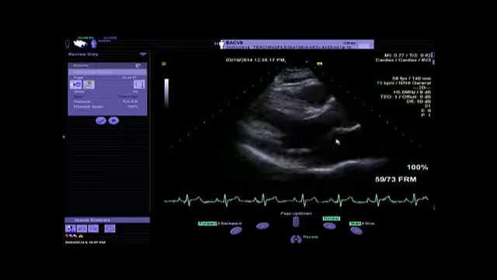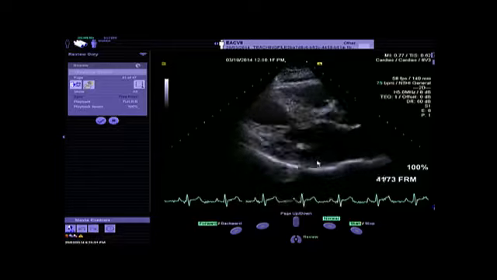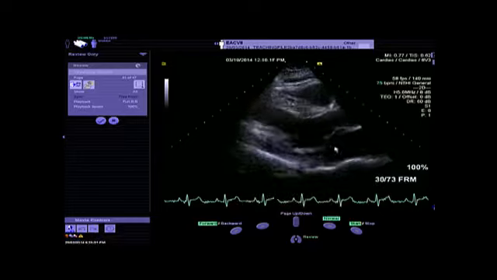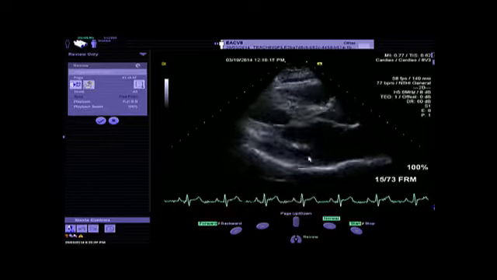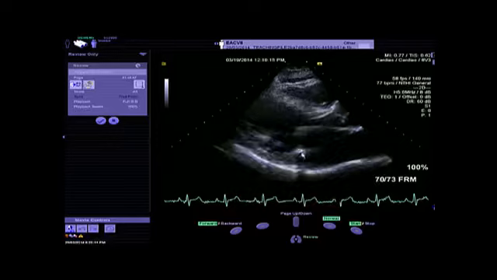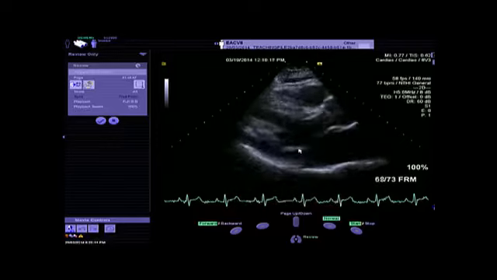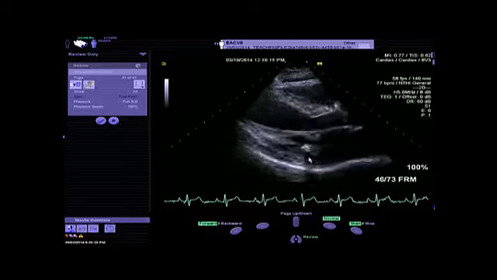And in this situation, both leaflets are involved in the disease process. The mitral annulus is dilated, and we will measure it. And also here you can see a calcification of the posterior wall, and also at the level of the posterior mitral annulus. So this means that this calcification may in some patients preclude the repair of the mitral valve.